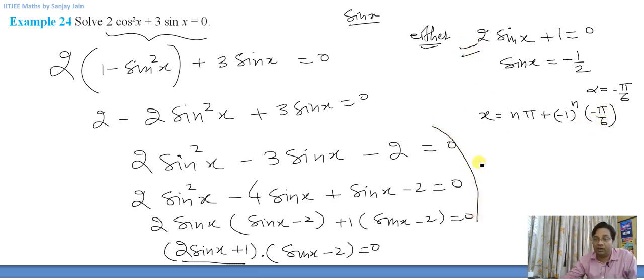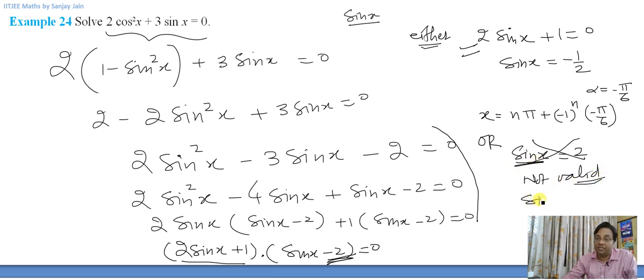And then, or this can be 0, sine x minus 2 equal to 0. So that means sine x equal to 2, which is not valid, because this is out of the range of sine, because sine of an angle can be maximum 1 and minimum minus 1, otherwise it will be between minus 1 and 1.